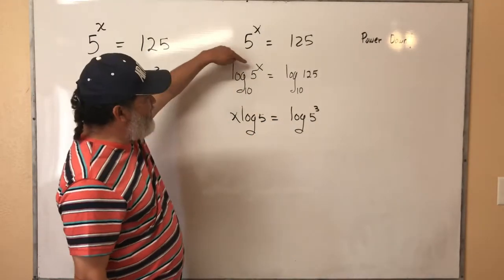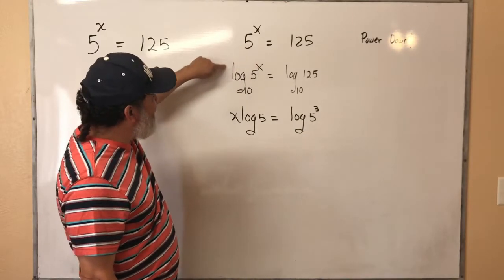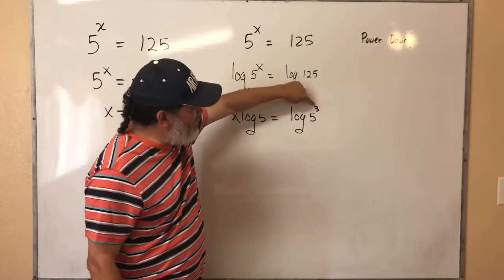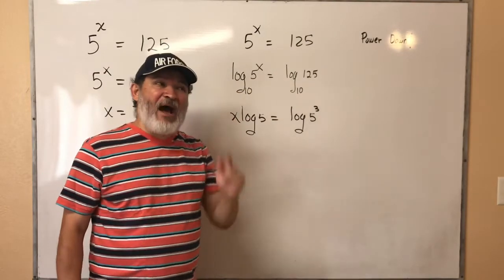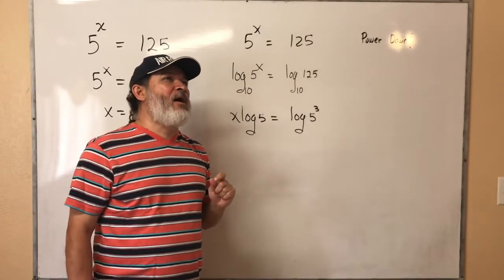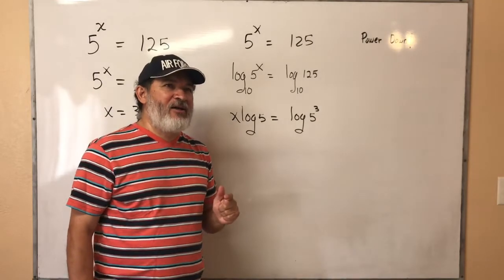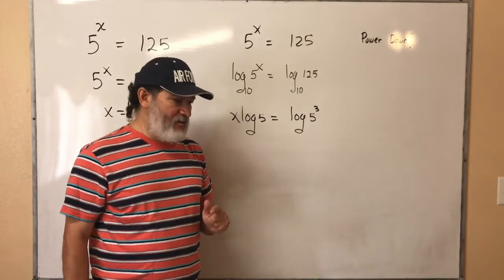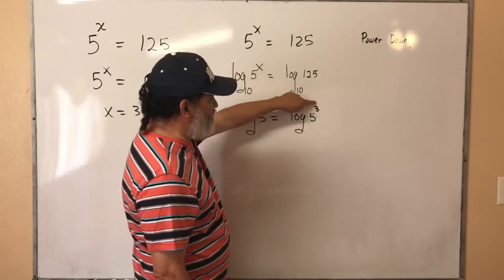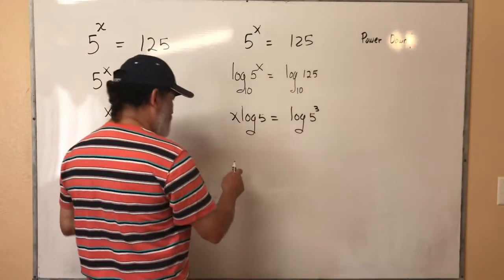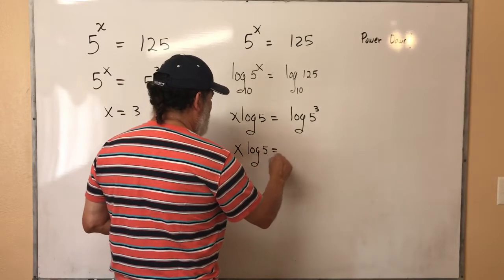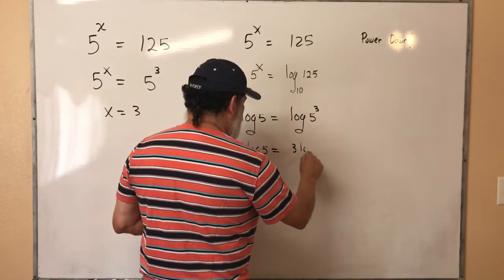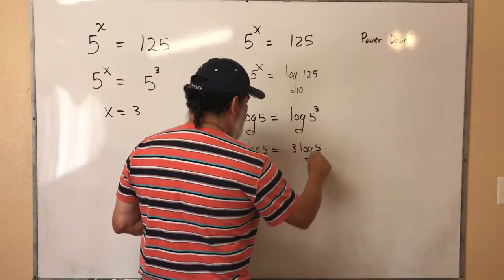And just like this power came down, you can also bring this power down. It's gotta be the power of the argument of the log. So therefore, let's bring this power down. So look, x log base 10 of 5 equals 3 log base 10 of 5.